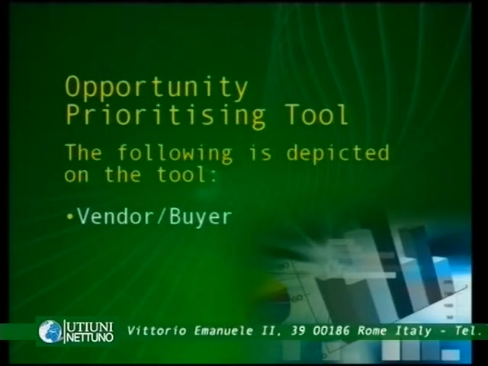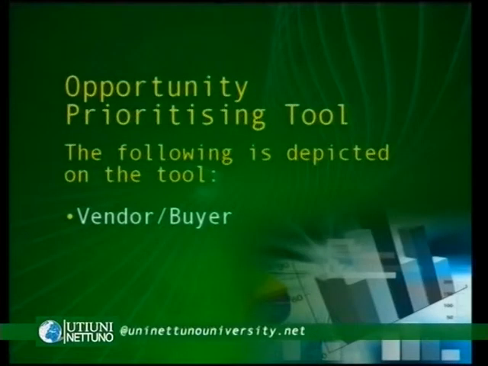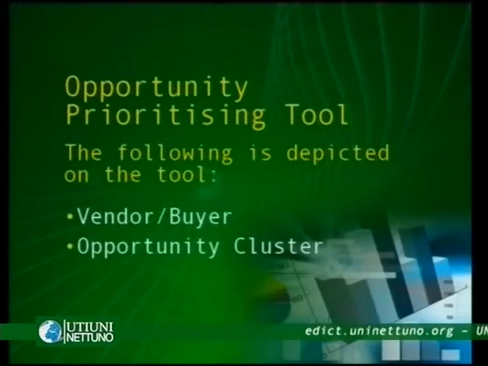So the information that we depict on that tool, the tool will also be shown and it will also be available to the learners in the study material and on the website. It gives us, number one, the vendor or the buyer. Let's be very clear here. It says buyer A or B or C. It gives the opportunity.